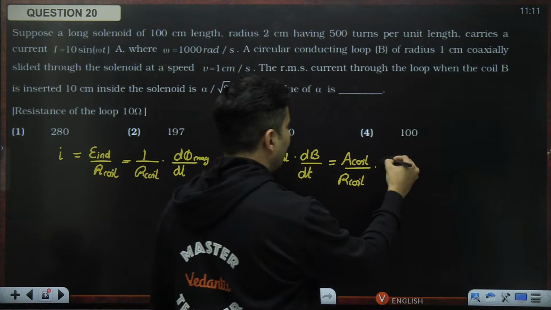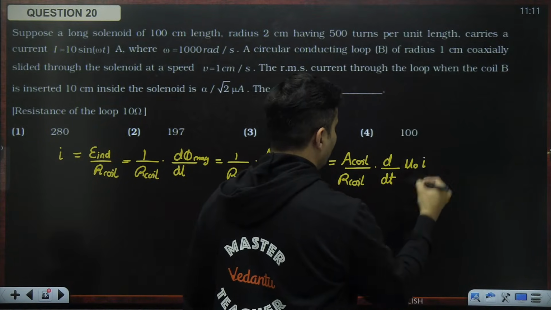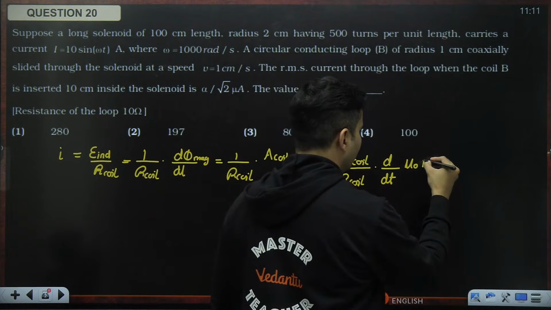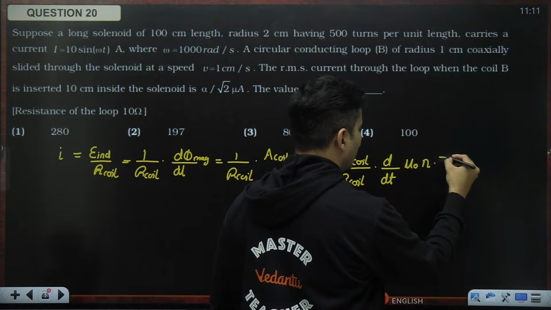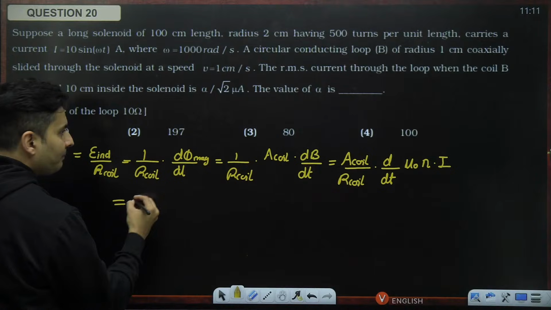Now, area of the coil as it is, resistance of the coil as it is. What is dB by dt? Well, magnetic field is because of the solenoid which is having that current. So mu naught N, number of turns per unit length, multiplied by the current in that solenoid. Now mu naught and N will come outside.